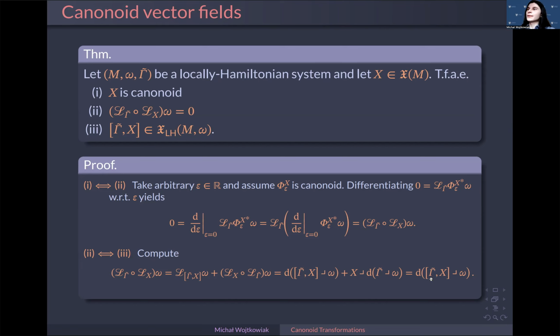So if this commutator is a locally Hamiltonian vector field, its contraction of omega is a closed form, and the right-hand side is 0. And the other way, if the right-hand side is 0, then the left-hand side is 0, and we know from point 2 that X is canonoid.